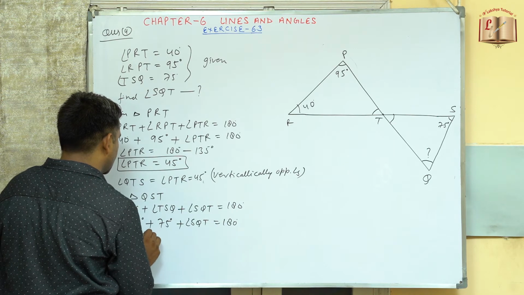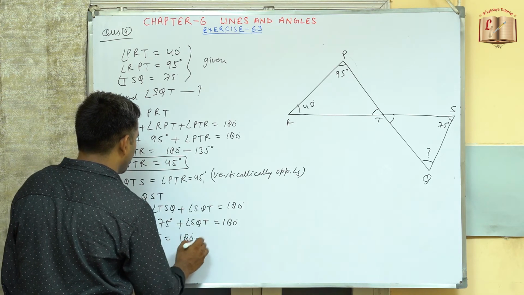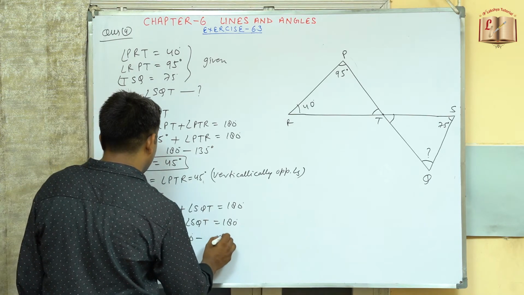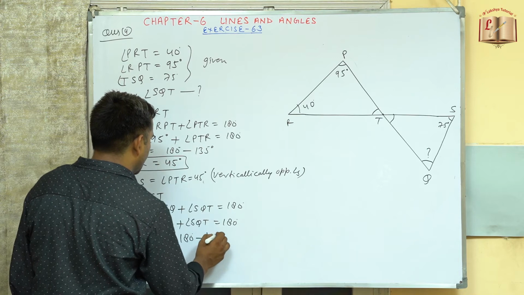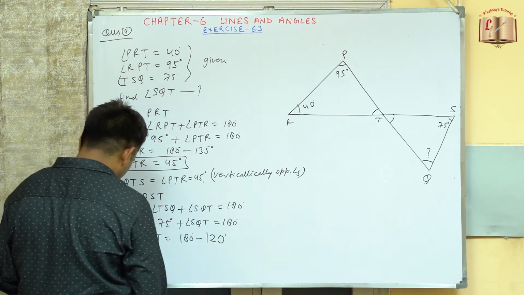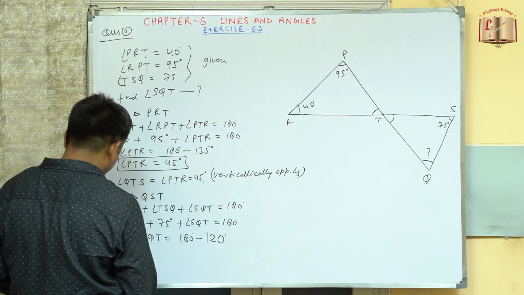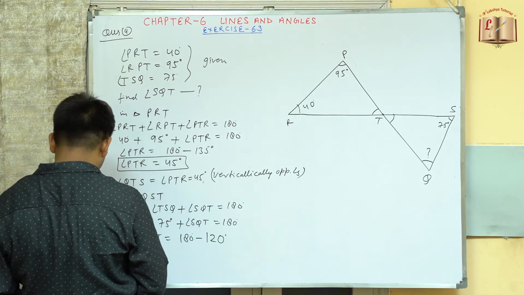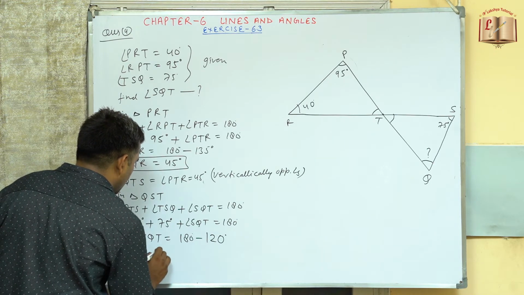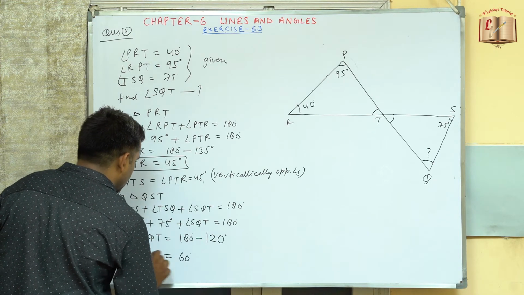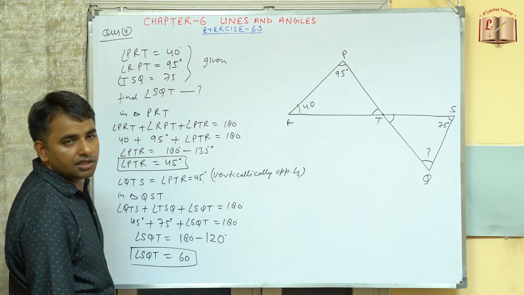So angle SQT equals 180 minus 120, which is 60 degrees. So we got angle SQT as 60 degrees.